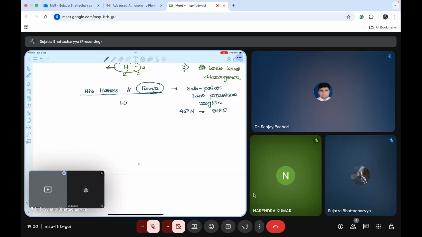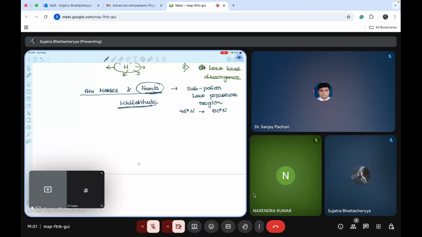So it is a mid latitude phenomenon. This we don't see in the tropics in our region, India. We don't see it. Sometimes we get a very little portion in the winter time over the northern parts of India. We get some small frontal disturbance. Otherwise, we don't get it.